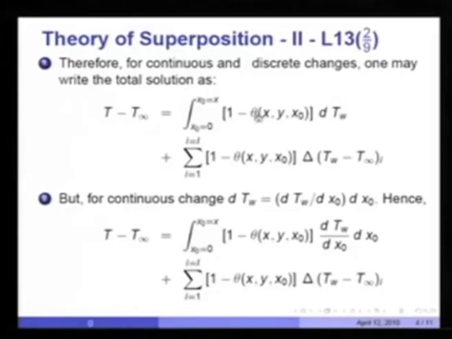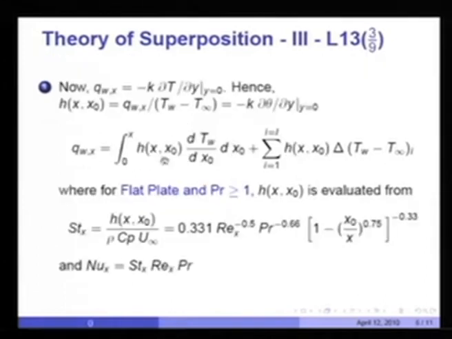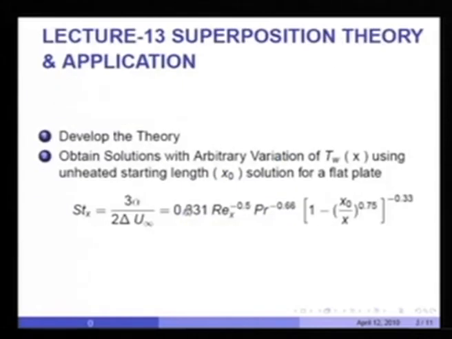Here, when I differentiate this temperature with respect to y, I will get minus d theta by dy x y x naught, and here also minus d theta by dy x y x naught, which will be nothing but the heat transfer coefficient h x x naught as a continuous variation dt w by dx naught, plus h x x naught into delta t w minus t infinity I, where for flat plate and Prandtl number, h x x naught will be evaluated from our relationship here.